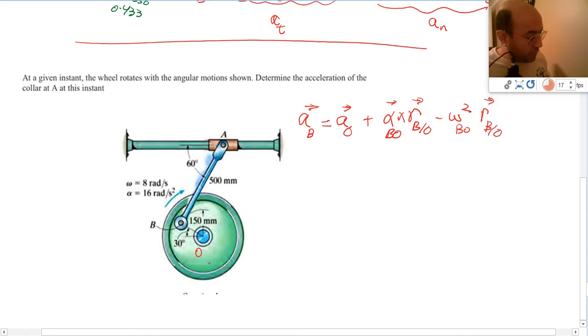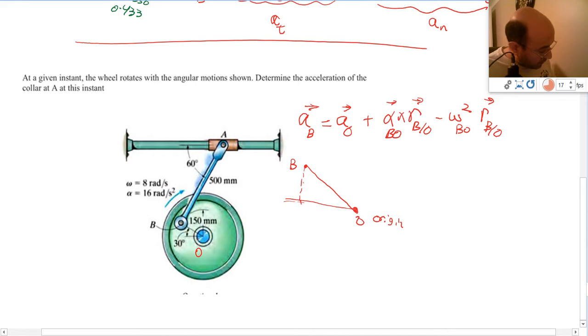I need to find RB with respect to O. This is very similar to the problem I solved before. This is point O, this is point B. RB with respect to O means that this is your origin. If this is the origin, you would see the radius here is 0.15.